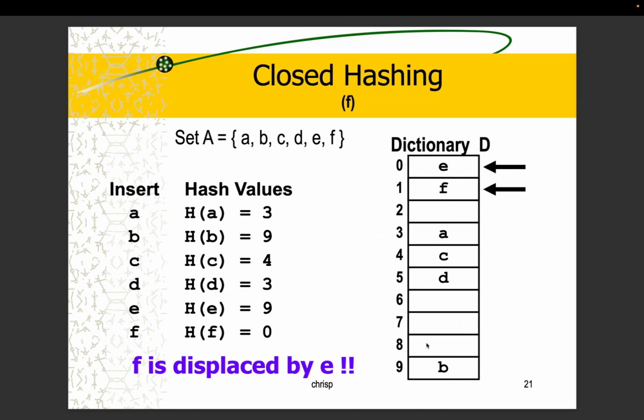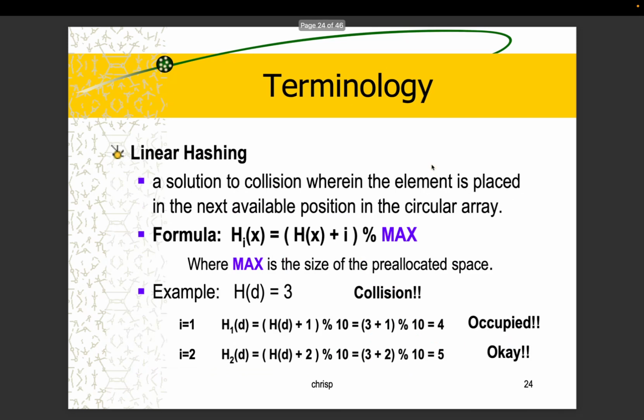Otherwise, we wouldn't be able to use this as a circular array. For example, in this case, we have 0 to 9. 10 ang atuang max. There are 10 elements max. So if we reach 9, 9 plus 1 is 10. 10 modulo 10 becomes 0. So that's how we go back to the start.